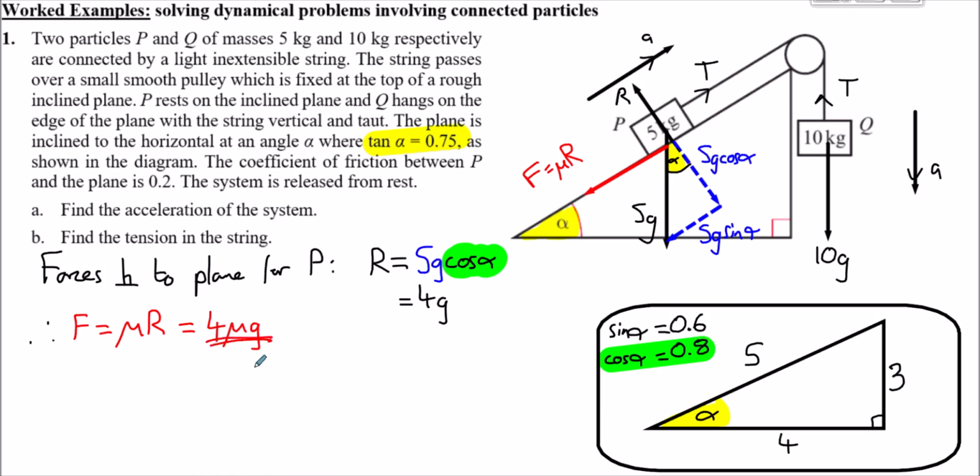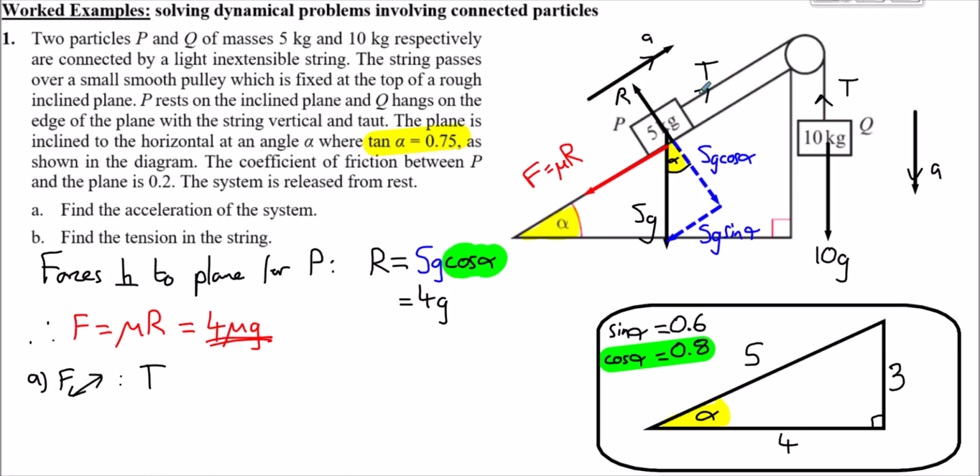So now we can consider forces going up the slope, in this direction now for A. In fact, I'll change from a red to a black pen. So up the slope we have T. Opposing it we have two forces.